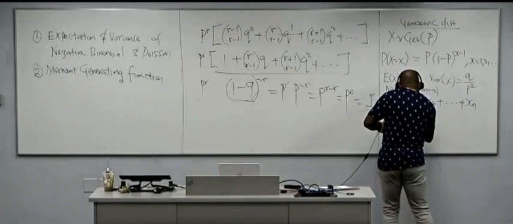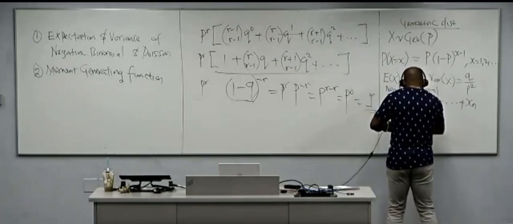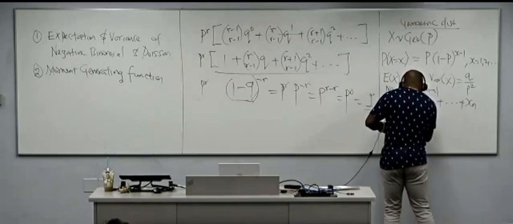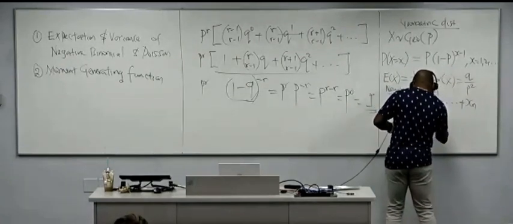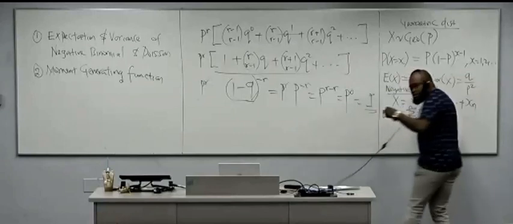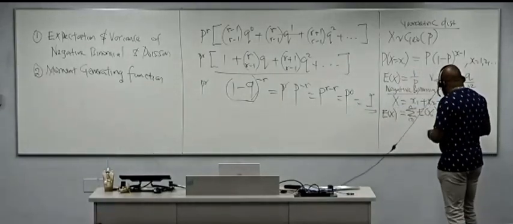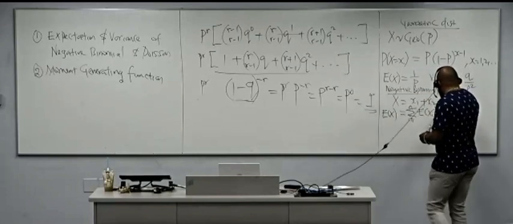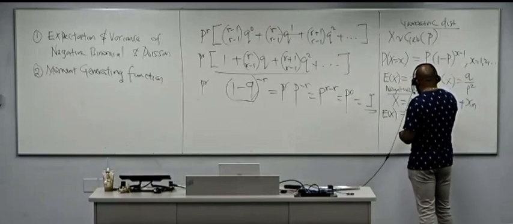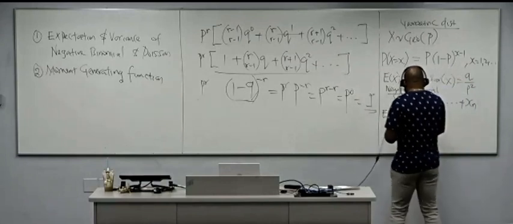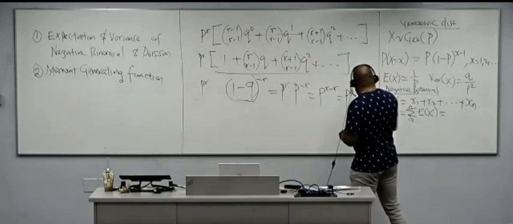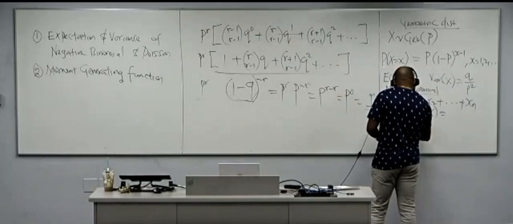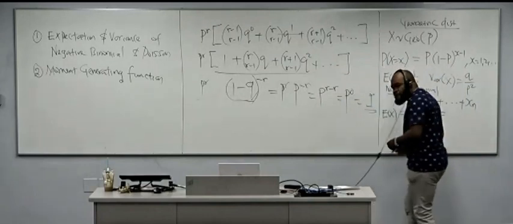Of course, yesterday we already proved that I'm going to have the summation of expectation of xi. You know that, right? So the expected value of x in geometric is 1 over p, and in this case x starts from r to infinity.